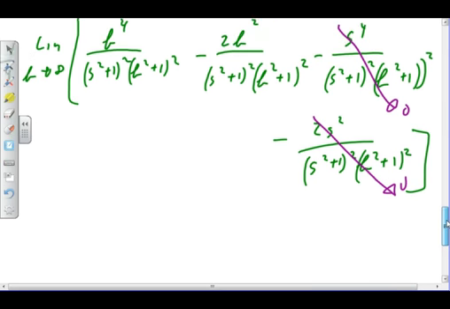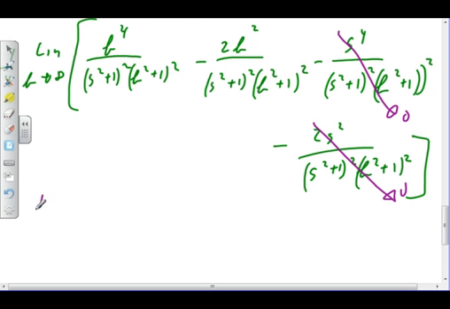All right. So I've got 1/4 limit b goes to infinity. All right. I'm going to multiply.